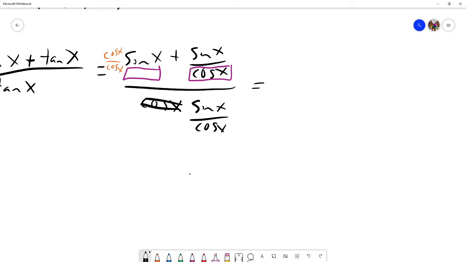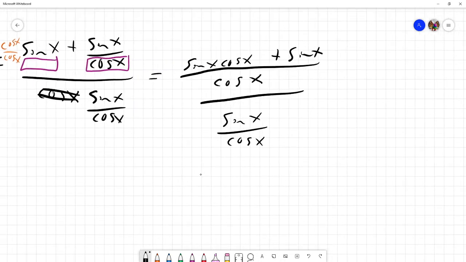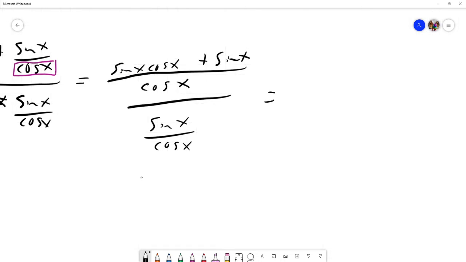So without further ado, we get sine x cosine x plus sine x, divided by cosine x. And this is all divided by sine x over cosine x. So at this point, we have a fraction divided by a fraction here.